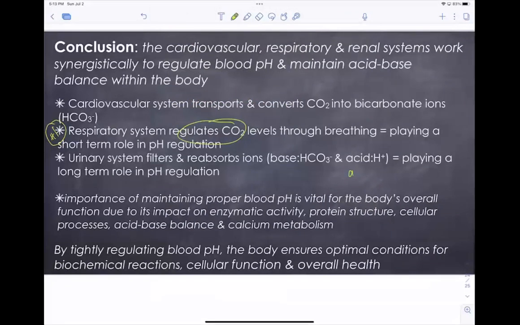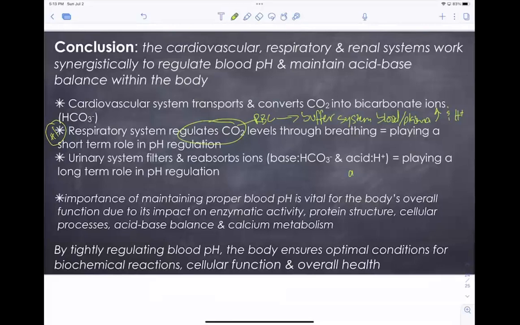And that carbon dioxide is the short-term regulation because it's going to be converted in the red blood cells, through the buffer system of the blood plasma, into bicarbonate ions and protons, so the acid and base.